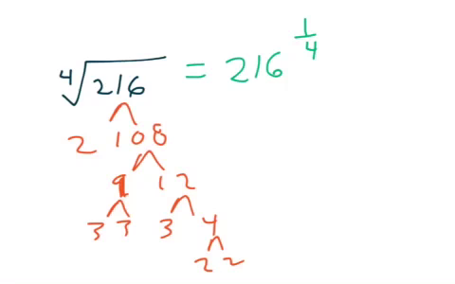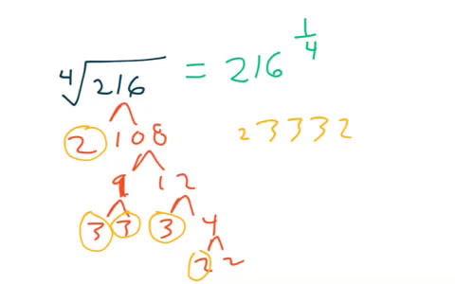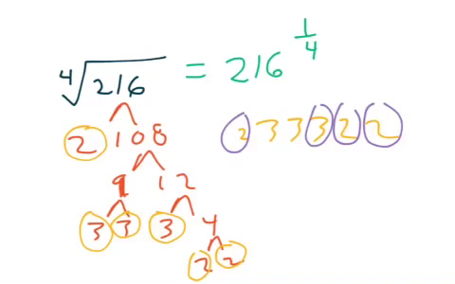Okay, so something interesting may happen here. Let's see what we have here. Well, if I list out my radicals, I have a 2, a 3, another 3, another 3, a 2, and a 2. Well, don't I have 1, 2, 3 2's and 1, 2, 3 3's?